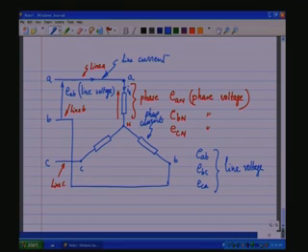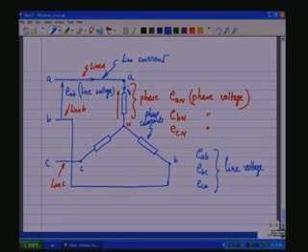So, current flowing through the phase circuit is the phase current, current flowing through the line is the line current. Of course, in this case the phase current and the line current are the same. The voltage across the lines is called the line voltage, the voltage across the phase circuit is called the phase voltage.